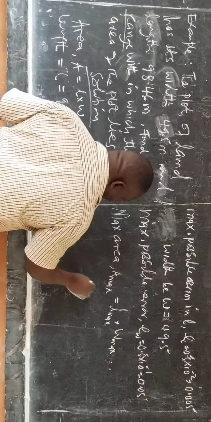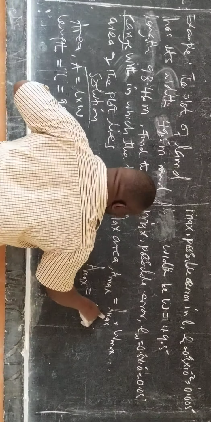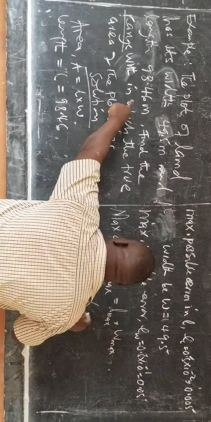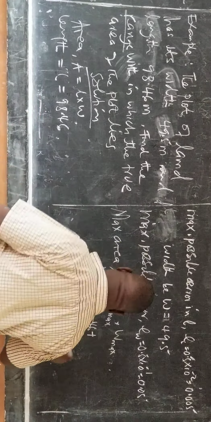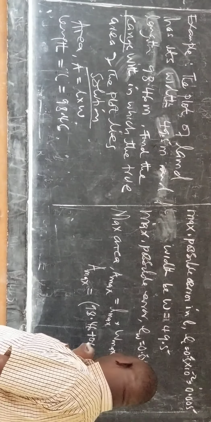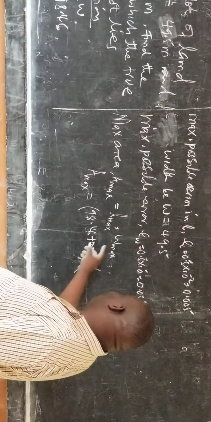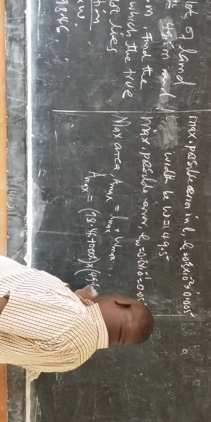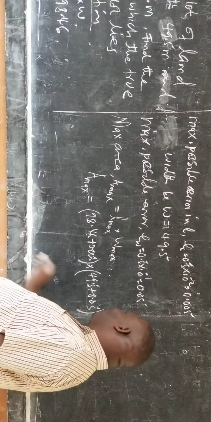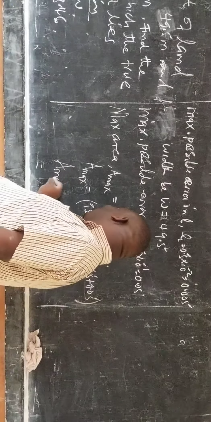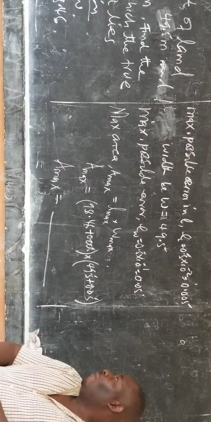So the maximum area will be the length, given as 98.46 plus its error 0.005, times the width, 49.5 plus its maximum possible error, 0.05. So when we use our calculators here, we can get the maximum area.